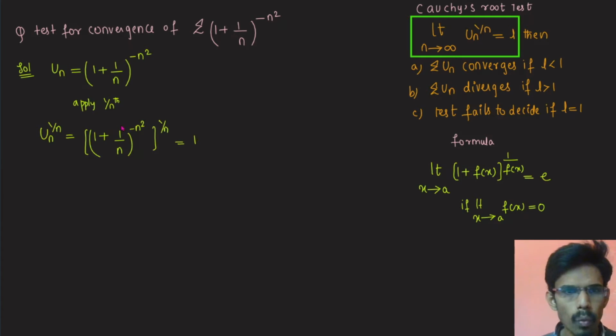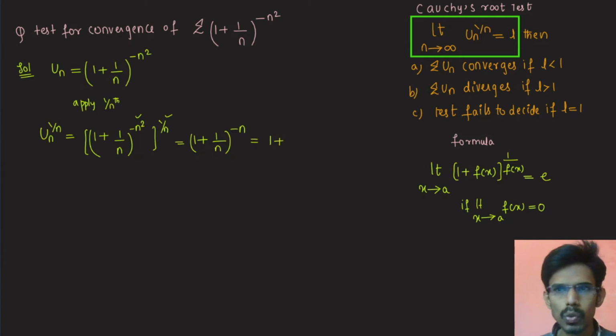Now this will become 1 plus 1 by n. Now multiply this into this. We have minus n square into 1 by n will be minus n.